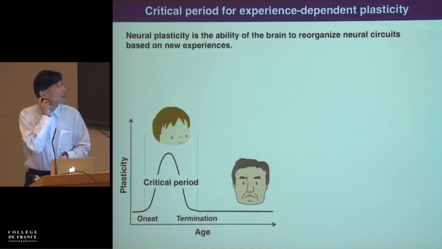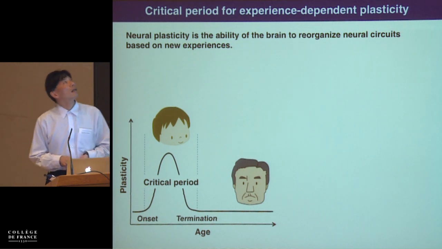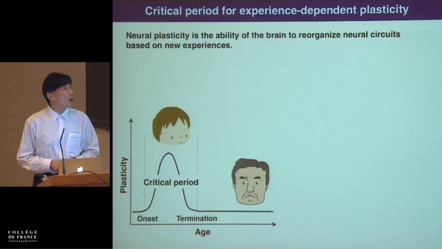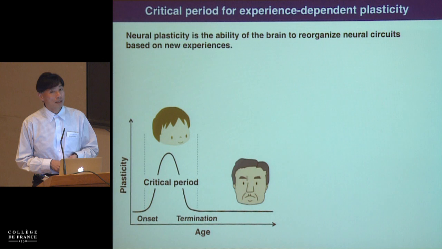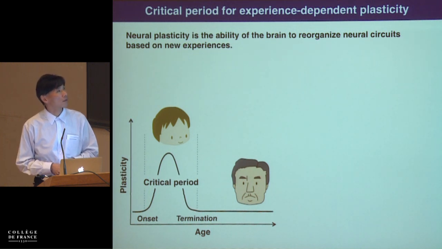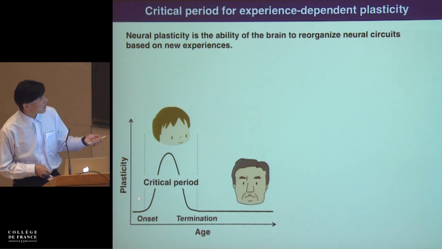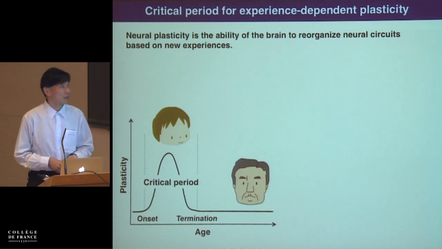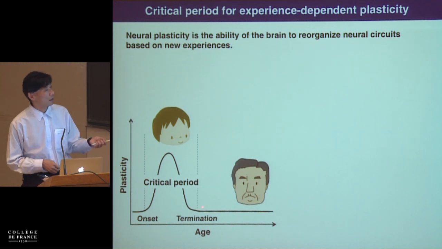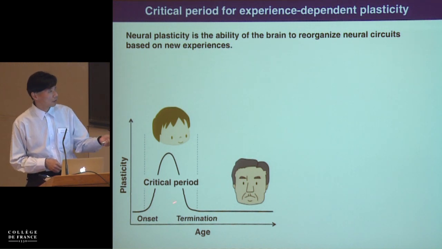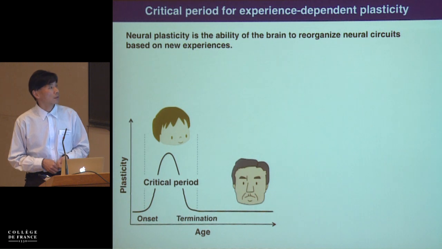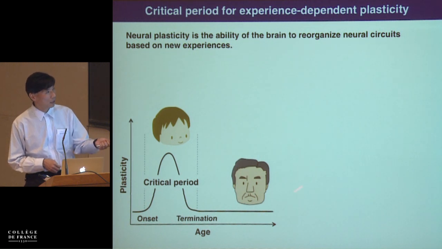As you know very well, neuroplasticity is the ability of the brain to reorganize neuronal circuits based on new experiences. Plasticity is most evident during a limited time window in early life, the so-called critical period, after which neurons become less plastic.